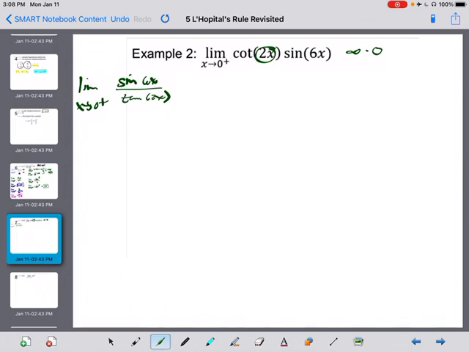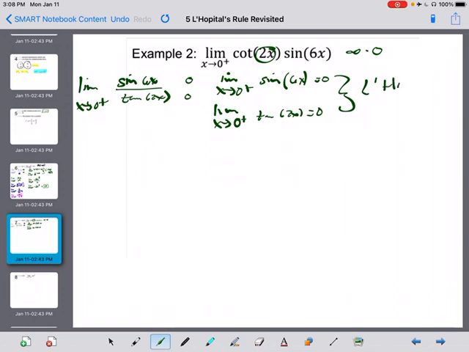All right, so let's see what happens now if I plug in 0. 0 in the top becomes 0. Tangent of 2 times 0 is 0. So yes, the limit as x approaches 0 from the right of the sine of 6x equals 0. And the limit as x approaches 0 from the right of tan of 2x also equals 0.